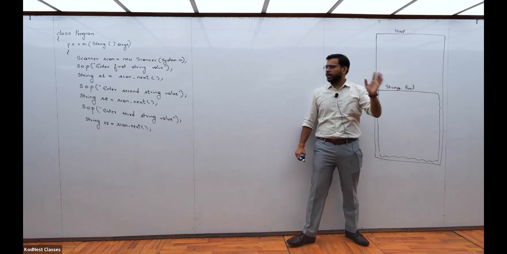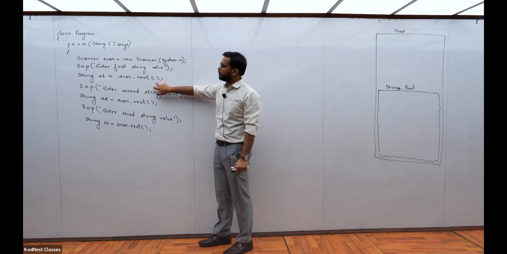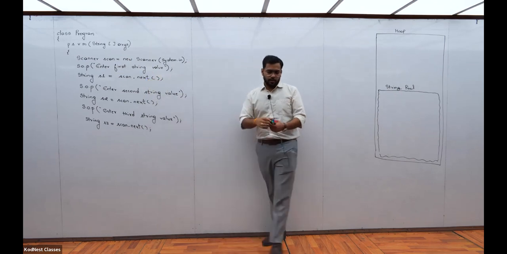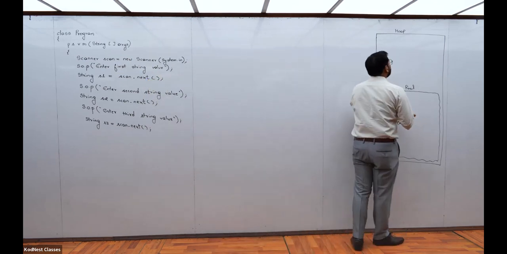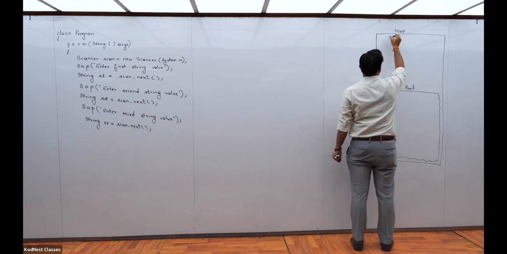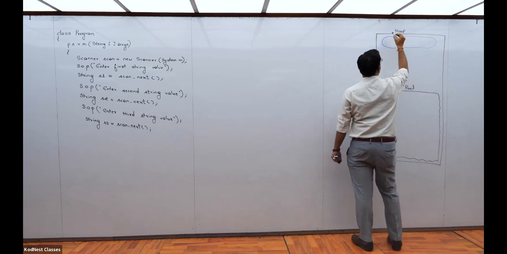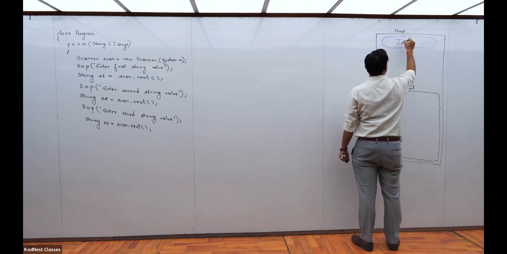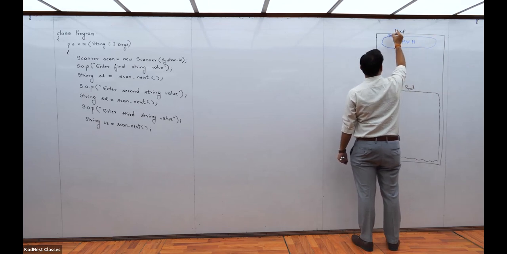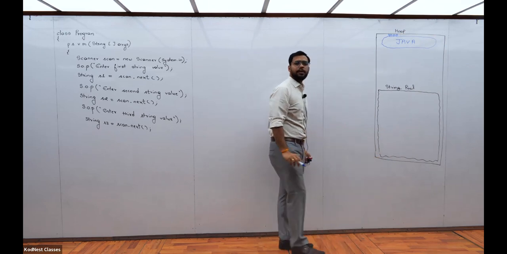And let us say here the user is entering the first value as, let us say, Java. What is the user entering here? Java. For the first value, whatever value you are taking, because you are taking it from the user, one object will be created in the heap segment. The value of the object happens to be Java, and because it is a new object, a new unique address will be provided.